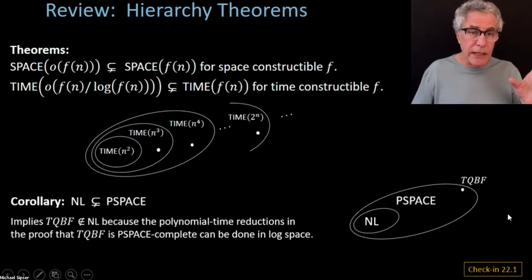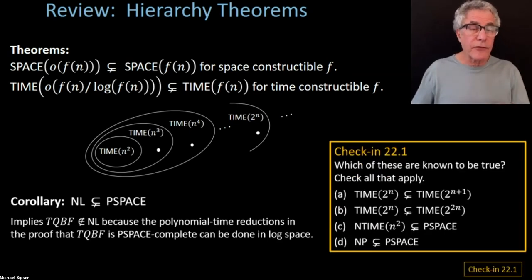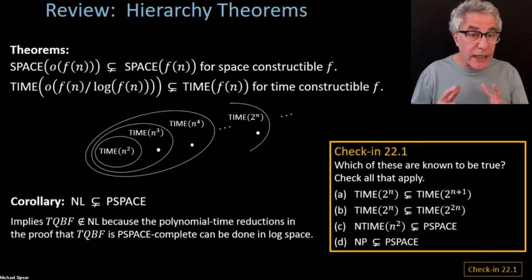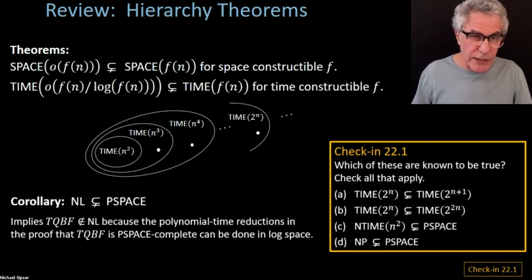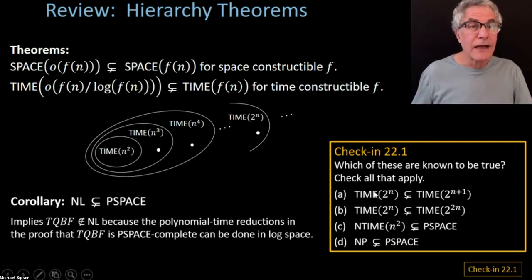So just a quick check-in. These are a few more or less easy, maybe more or less tricky follow-ons that you can conclude from the time and space hierarchy theorems, plus some of the other things we've proven along the way. Just as a check of your understanding, maybe these are a little bit on the tricky side, so you have to read them carefully.